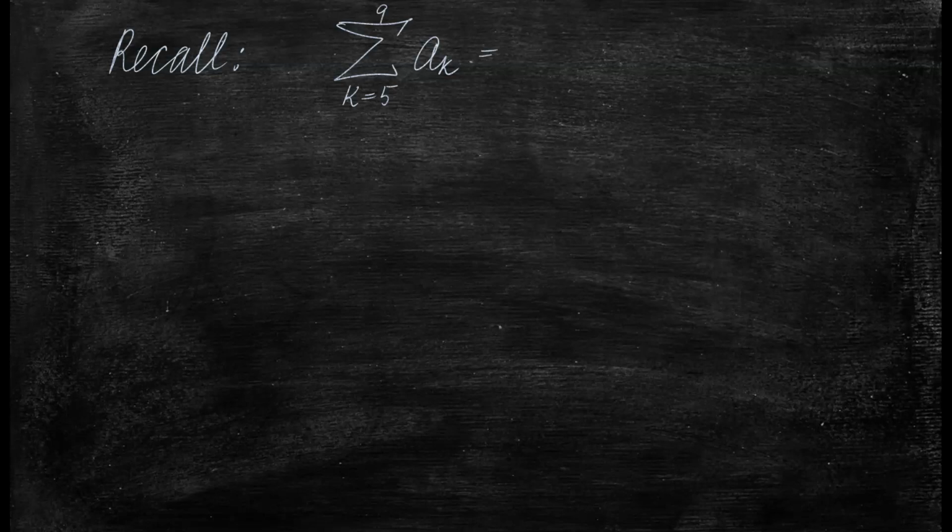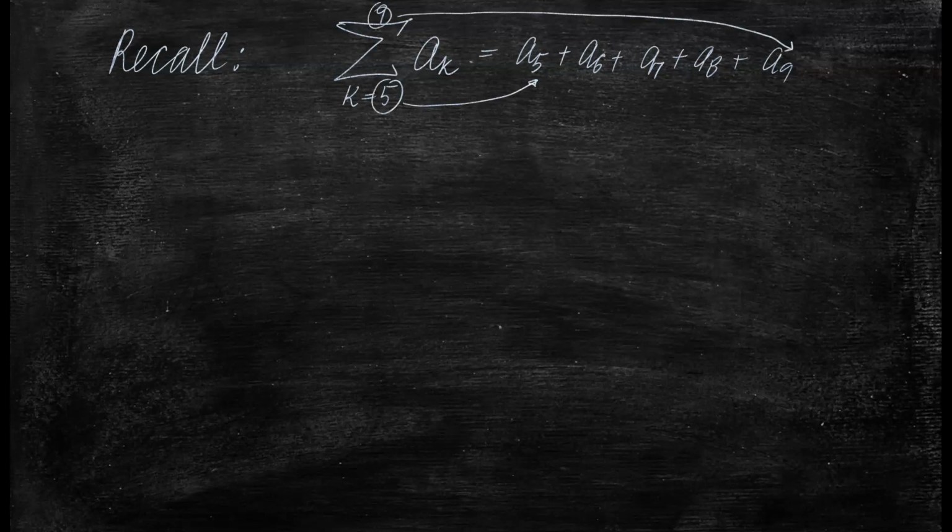If we use a big sigma notation like this, that means we're taking the 5th term, adding it to the 6th term, to the 7th, to the 8th, and to the 9th. In this big sigma notation, this represents the starting index, this represents the ending index. This is called the large sigma notation.